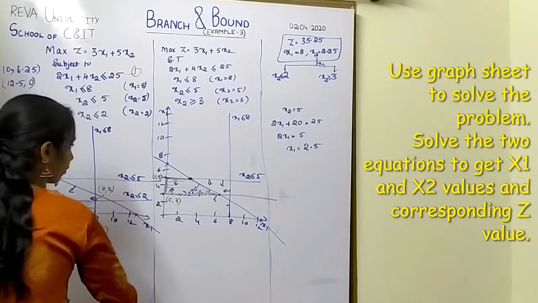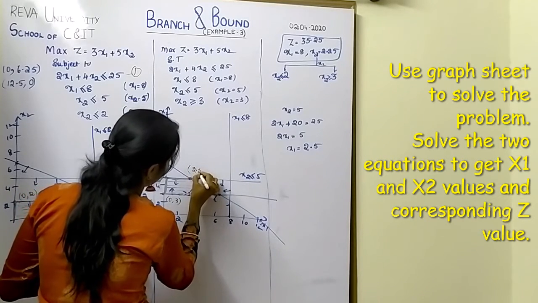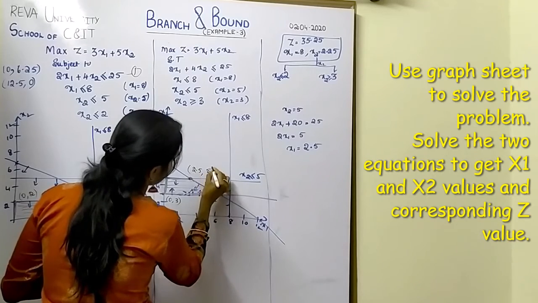So this point will be x1 is 2.5 comma x2 is equal to 5.